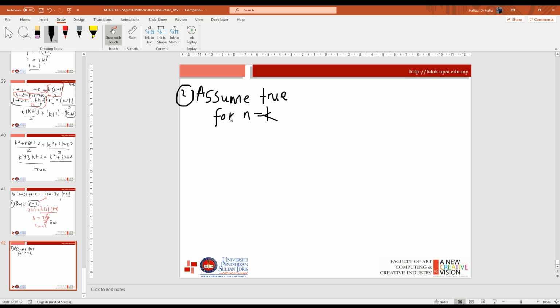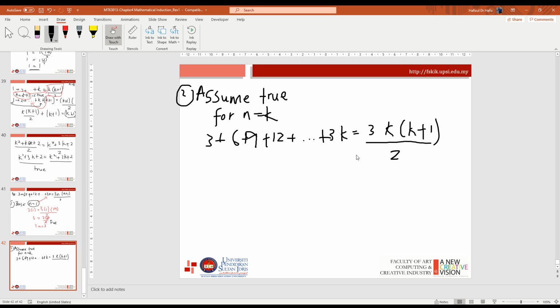So kita akan dapat 3 plus 6 plus 9 plus 12 plus dot dot dot plus 3k is equivalent to 3k times (k plus 1) divided by 2. Boleh ke? Kenapa jadi k ni? Siapa boleh tolong saya? Sebab we assume true for n equivalent to k.